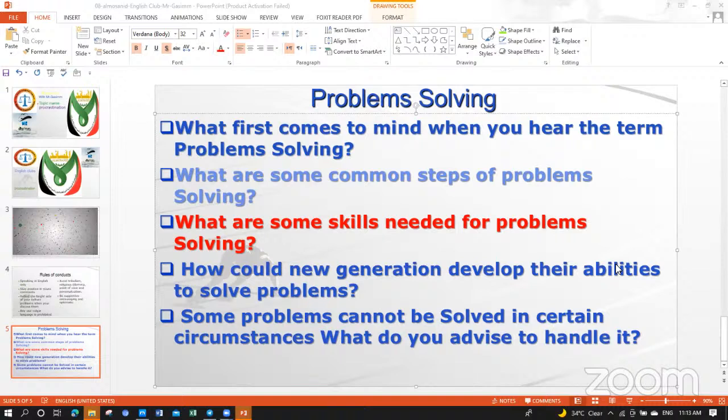Okay, regarding the question, there are too many skills needed for a person to be able to solve a problem. I think one of these skills is that you have to be a good listener. Because if you cannot sit and listen to the person who is clearly stating the problem, then you cannot solve it.